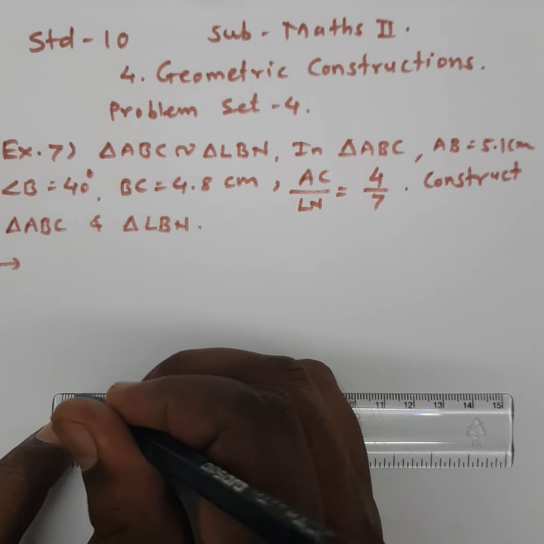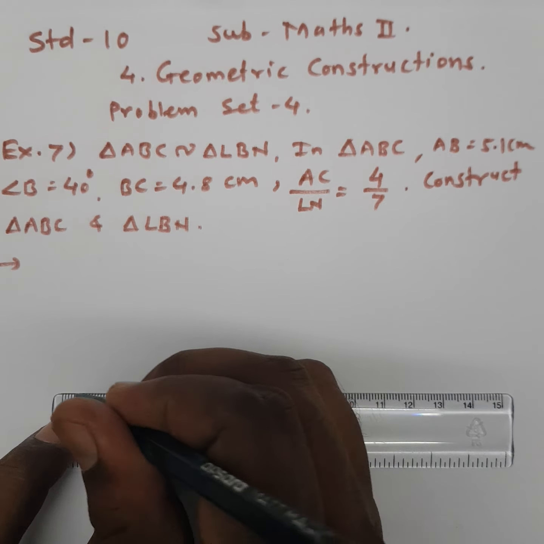Angle B is 40 degree. Then AB is equal to 5.1 centimeter. It will be triangle ABC. It is a rough figure.